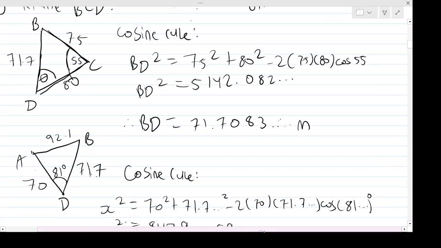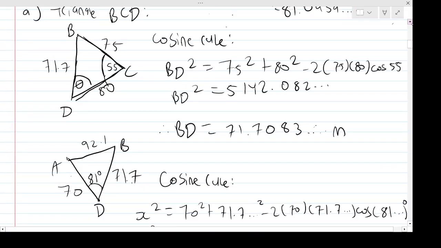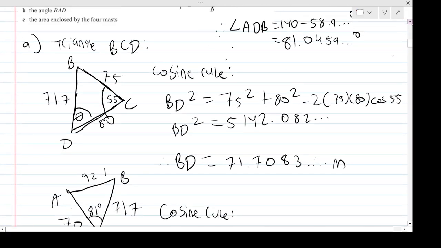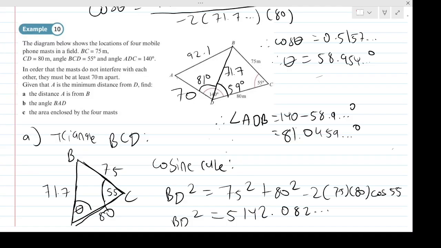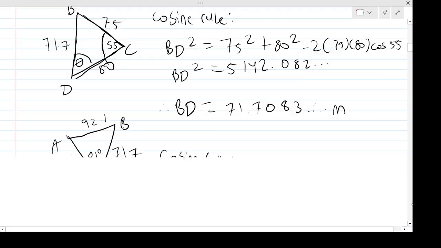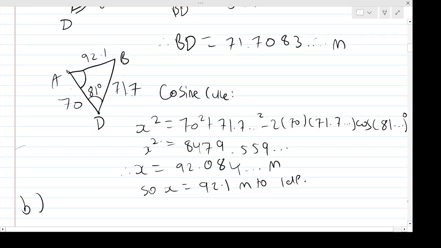Right, okay, let's jump back in then. So we have part B then, which says work out the angle BAD. So the A is in the middle here, so it's the angle at A. Okay, so I'll call that capital A then. So if I go back to the triangle down here, then it's here.